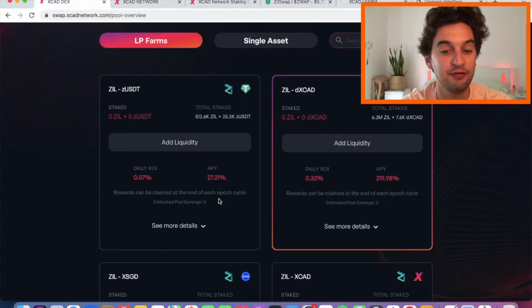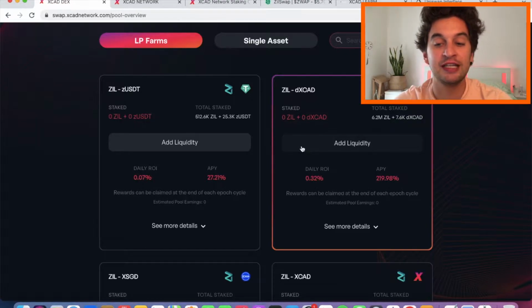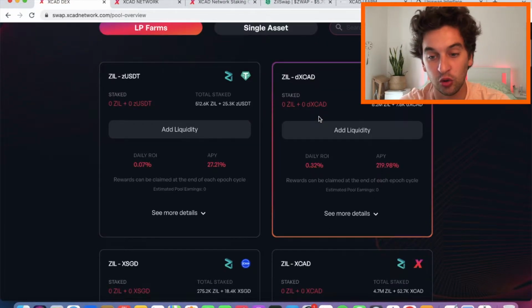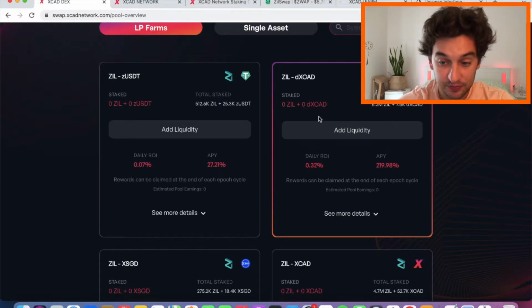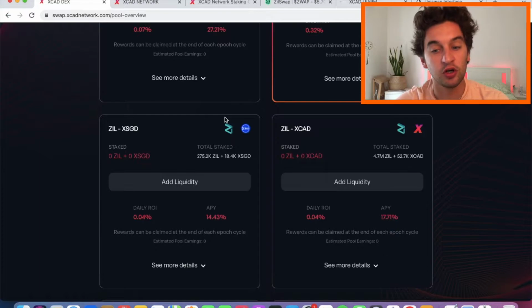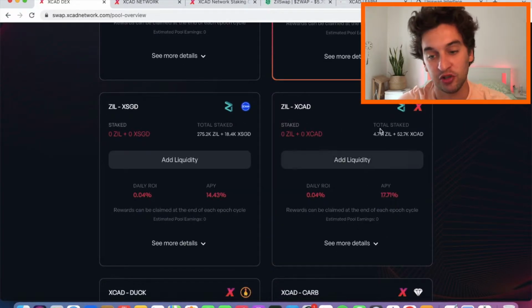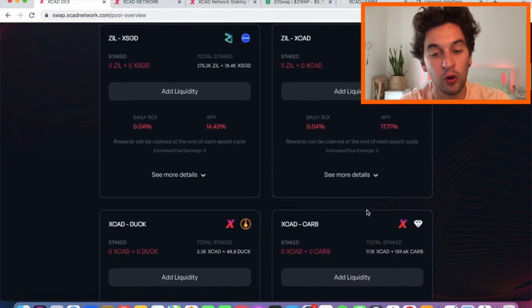You're able to stake them for an APY of 27%. You have the ZIL.DXCAD, the governance token for XCAD, with an APY of 219%. We have the ZIL XCAD as well, which is this one, with an APY of 17%. So we have different ways to stake XCAD.